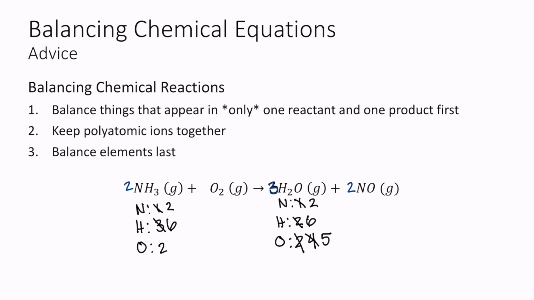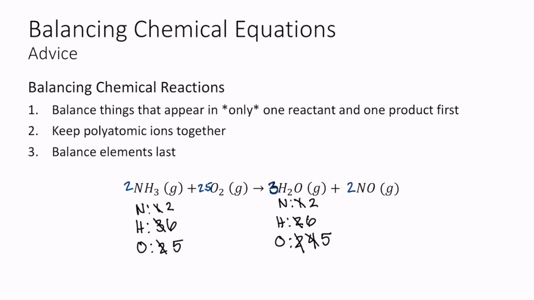So in order to balance this out, since I have O2, I can't do a 2 right here because that would only give me 4. I can't do a 3 right here because that would give me 6. So what I'm going to have to do is I can do 2.5. And that changes my oxygen count to 5. And we now have a balanced chemical reaction.